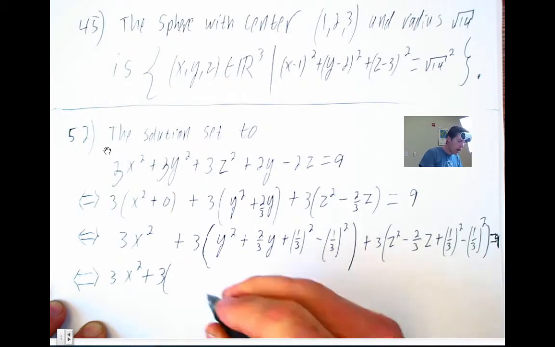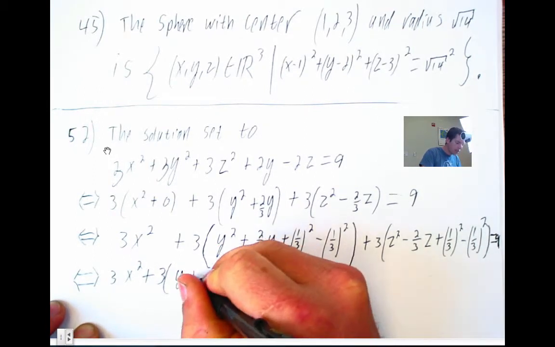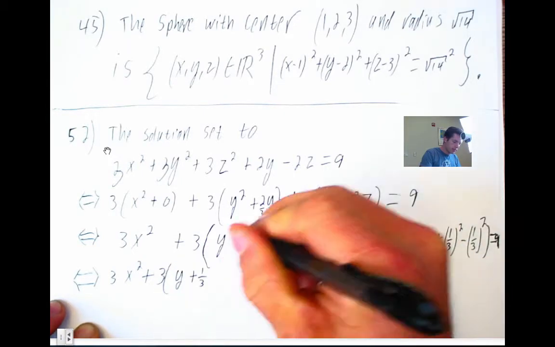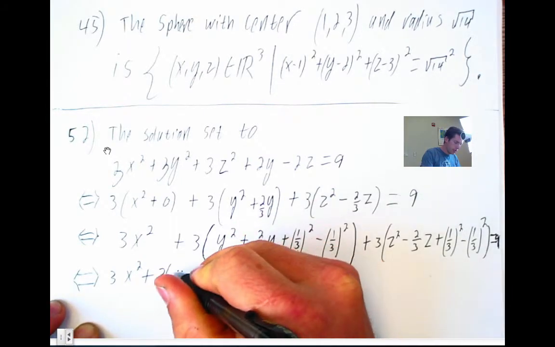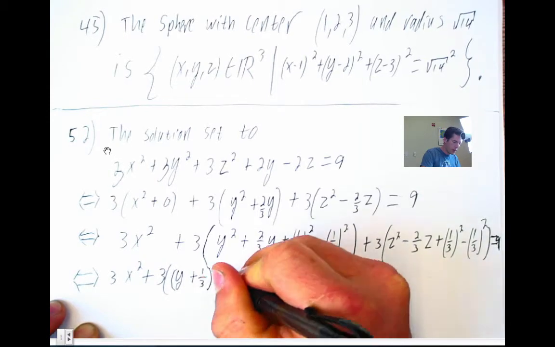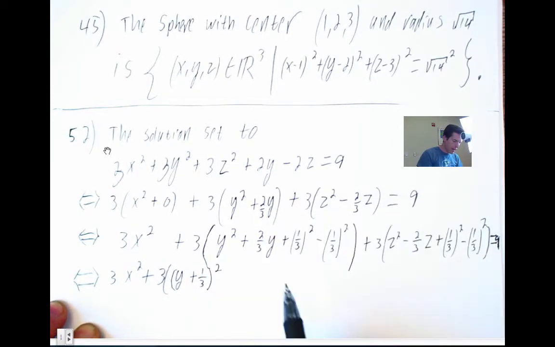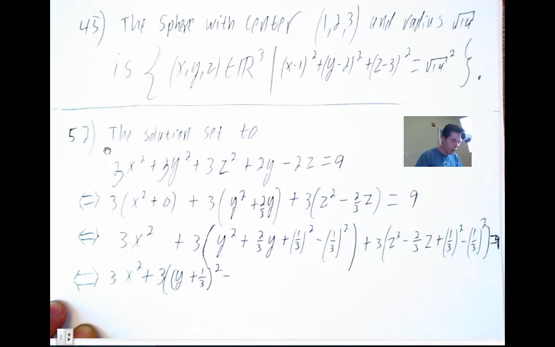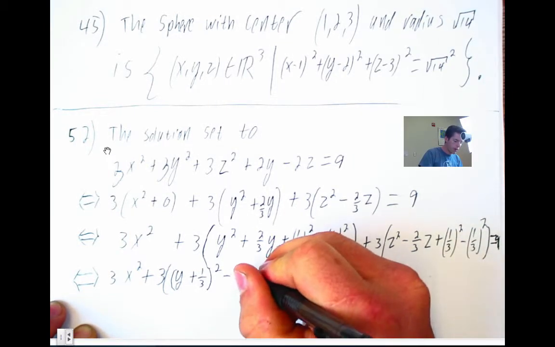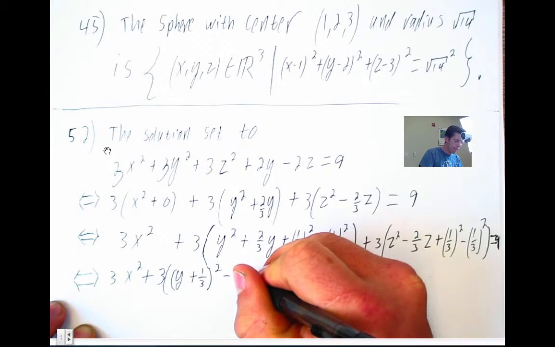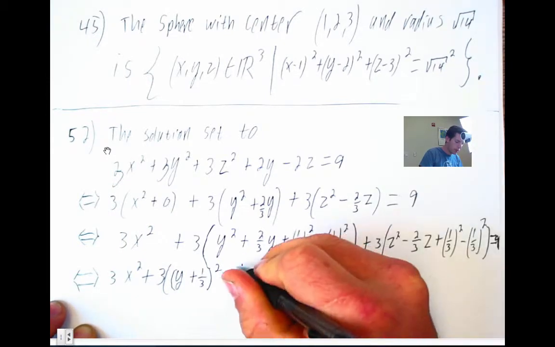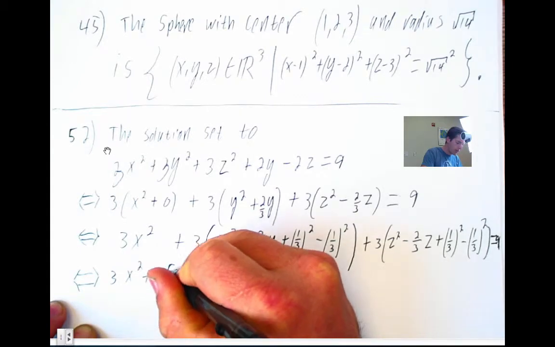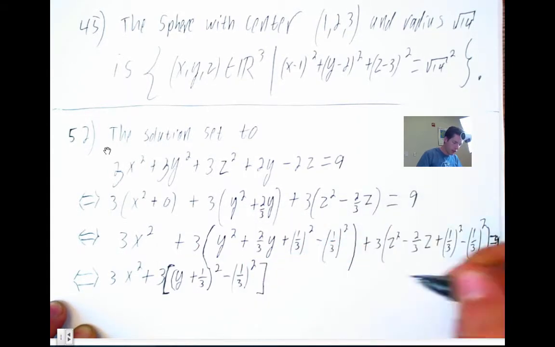That is y plus 1/3, put a parenthesis there and there, squared. That takes care of all this stuff, but I still need to subtract 1/3 squared. I better put this in one of those angled brackets so that I can remember exactly where it is.